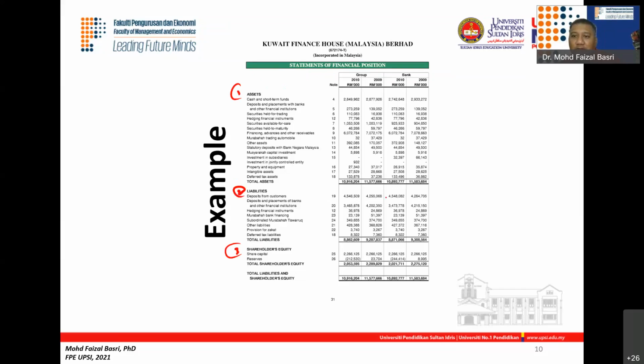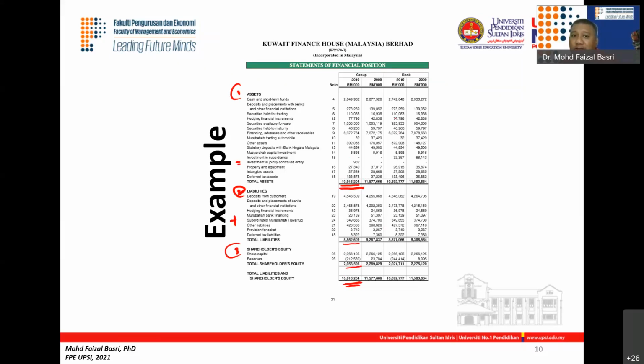And if you recall the formula just now, assets, imagine this value is group 2010, assets equals 2 plus 3. So this 8.862 plus 2 million equals 10. These two values must be equal.